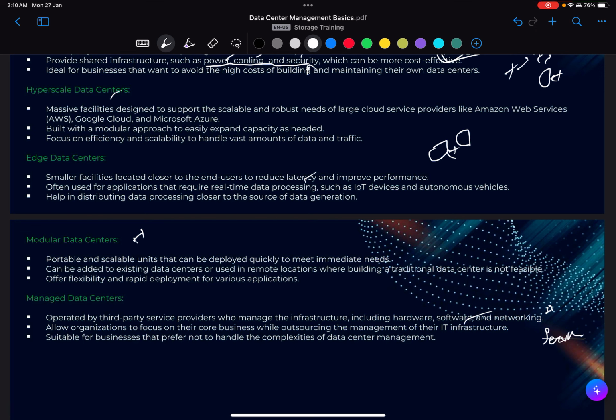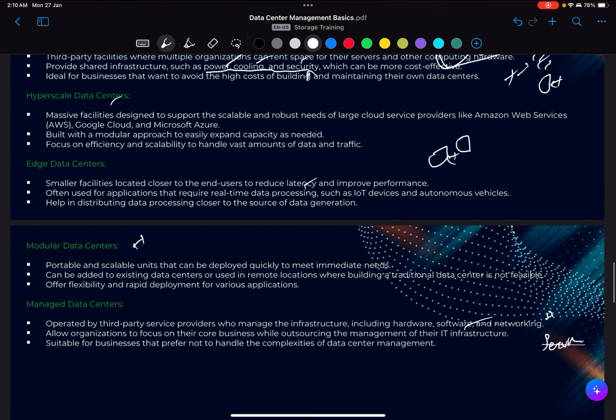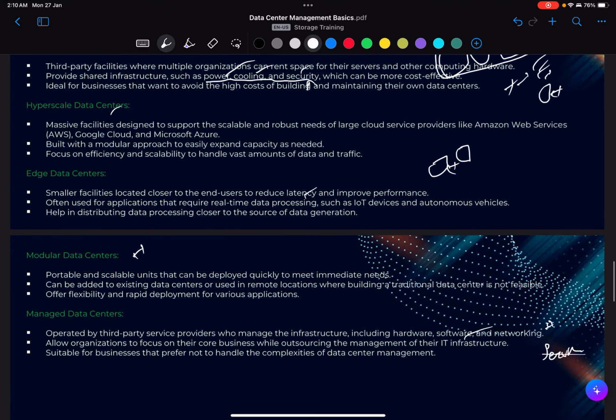You can take different kinds of services, and you only bother about that service. Nothing you need to bother about in the background. Whatever the requirement, you can give them that kind of bandwidth, IOPS, redundancy, everything, and that will be managed by the third party vendor. So these all are the types of data centers.